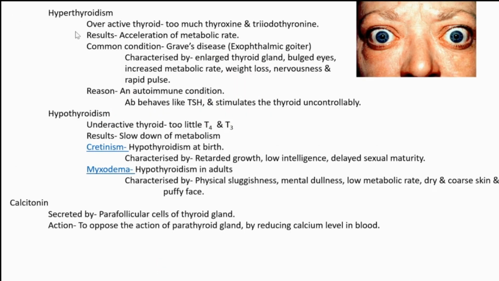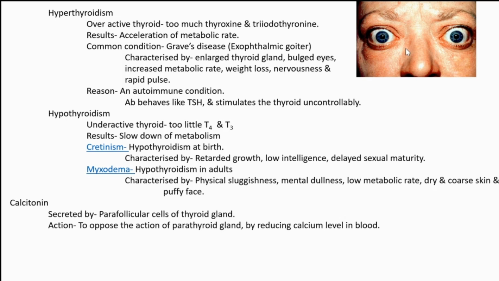Next, hyperthyroidism is an overactive thyroid. Here too much thyroxine and triiodothyronine is produced. And what does it result in? It results in acceleration of metabolic rate and a condition called Graves' disease or exophthalmic goiter.